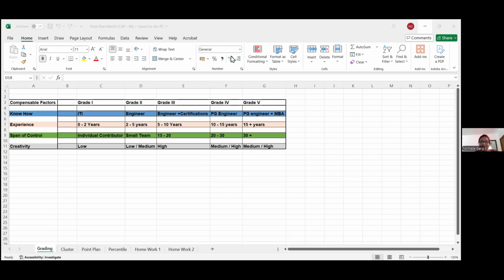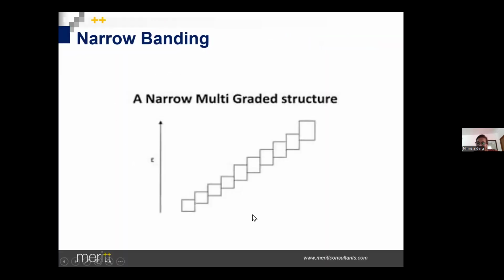I will just show you this because it's important to show how a narrow band looks. In an organization, typically, you have grades or bands. Think of a public sector organization.